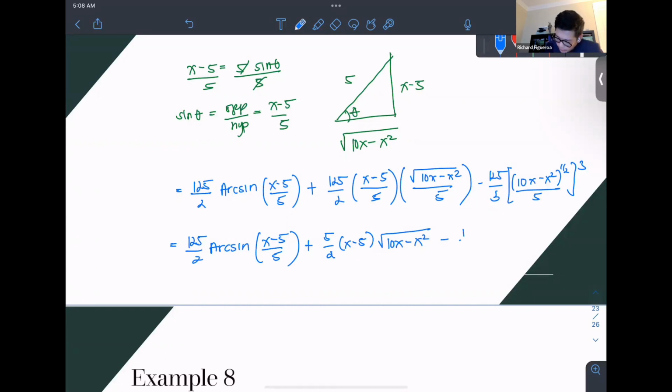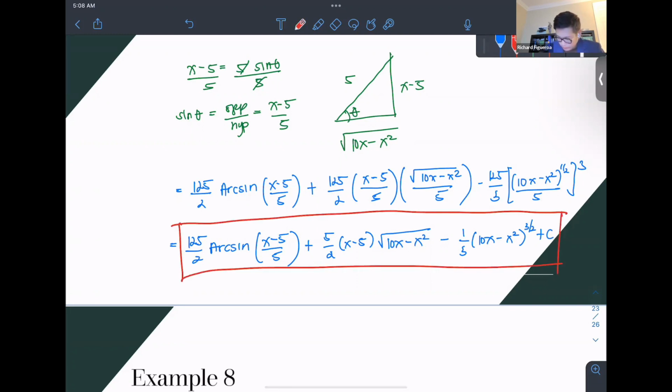I'll just have negative 1/3 of 10x minus x squared raised to 3 over 2 plus c. And that will be the answer. So it's a bit long. So 125 over 2 arc sine, and minus 1/3 raised to 3 over 2, and 5 over 2 x minus 5.